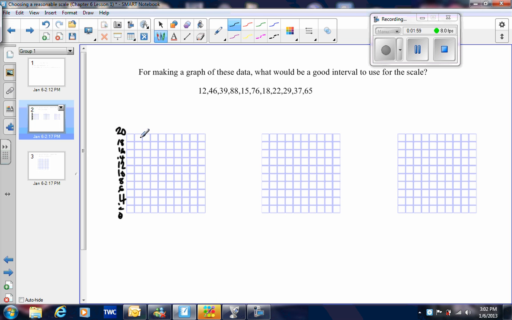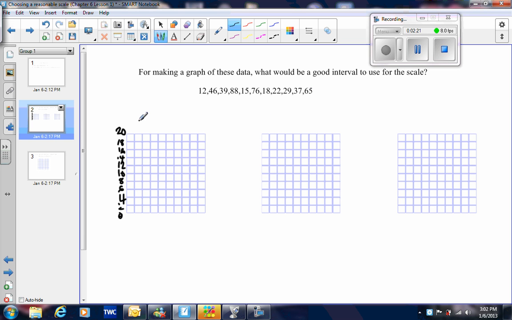You can see that the interval I used is not acceptable, because 12 I would be able to graph on there, right here. But 46, 39, 88, 76, even 22, 29, 37, 65, all of these are too small.